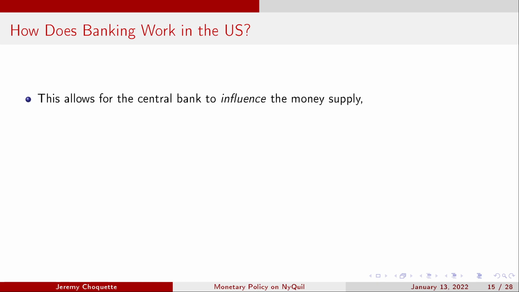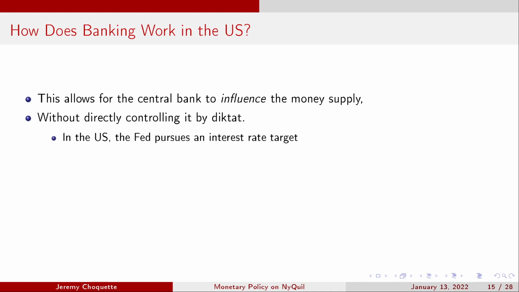So this whole process essentially allows for the central bank to influence the money supply in the United States economy. And they can do this without directly controlling it by diktat, which is kind of nice, actually. They can use what's known as open market operations to nudge things in a certain direction.